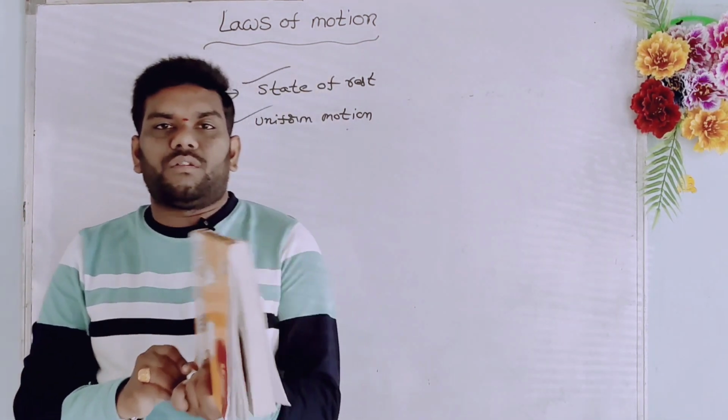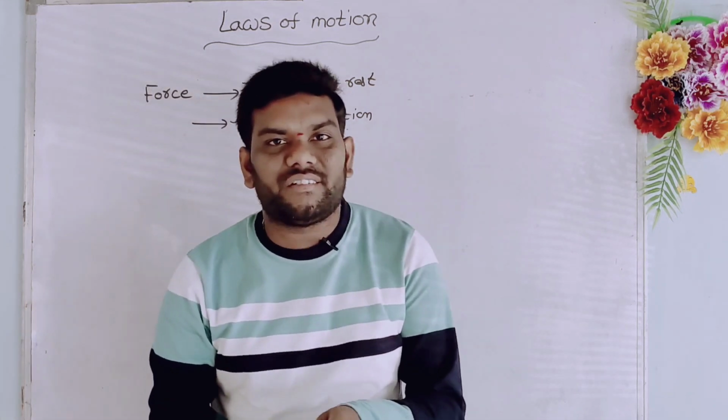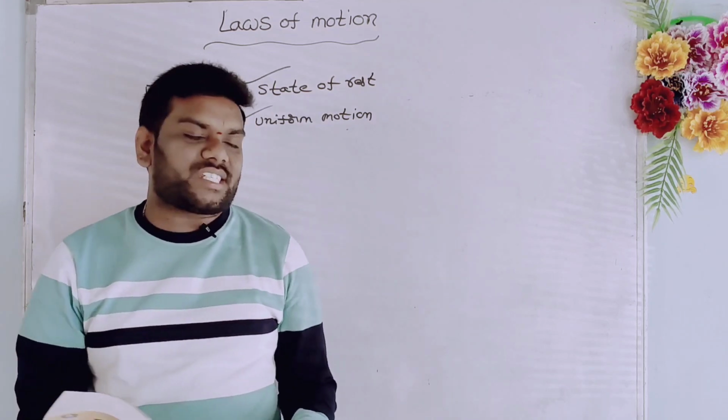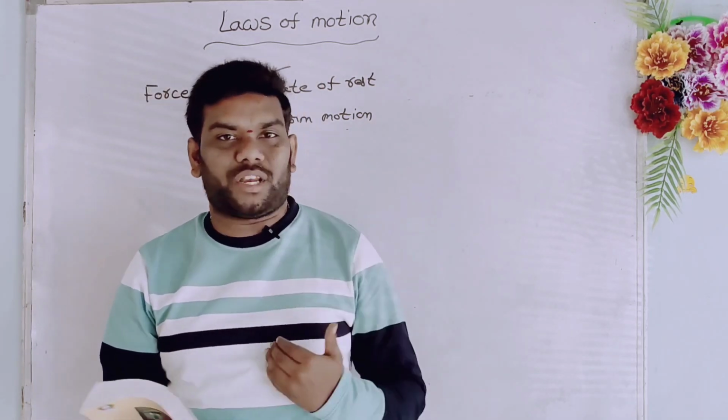For example, a body moving in a straight line is called uniform motion.